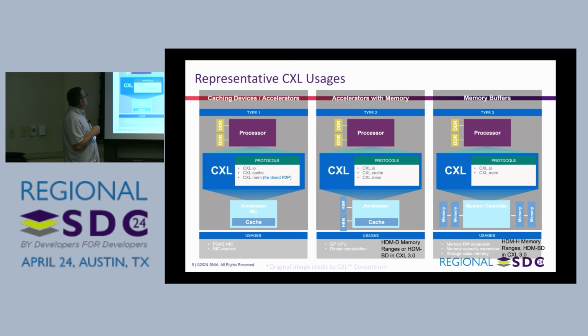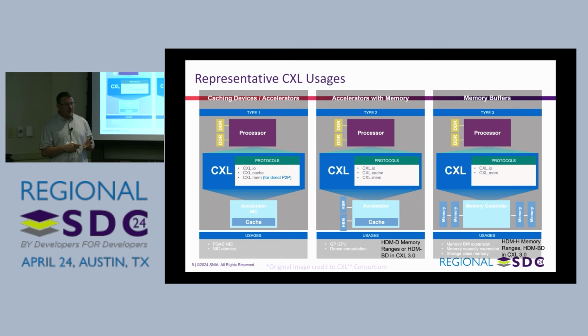As you'll see in these different device types, they require different CXL protocols: CXL.io, CXL.cache, and CXL.mem. CXL.io, you'll see, is across all of them. That's because it is required and is used for configuration of the device and discovery, because it follows a lot of the same PCIe constructs. It is using PCIe for discovery, a lot of the error handling and stuff like that.